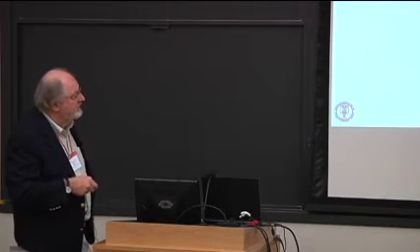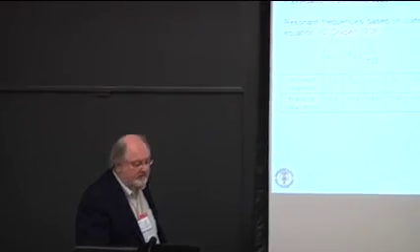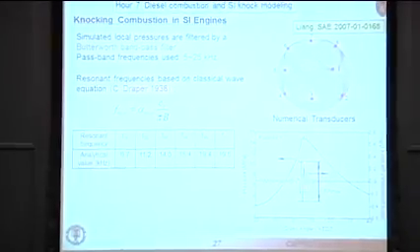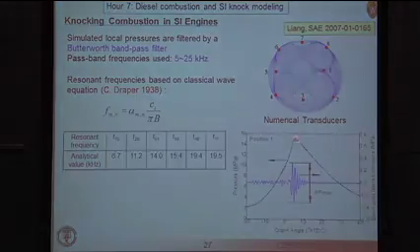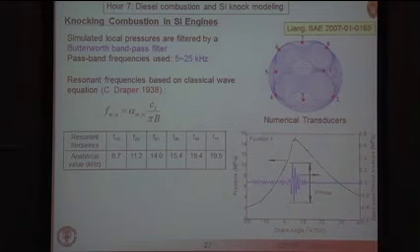If you filter this data, and the filtering strategy is described here, you can just look at the AC component, if you like, of the pressure trace and get this wiggling looking trace that is associated with the oscillations in pressure. So how do you pick your range of frequencies? Well, a classic paper from MIT in the 30s looked at the resonant modes in a combustion chamber and identified various modes.